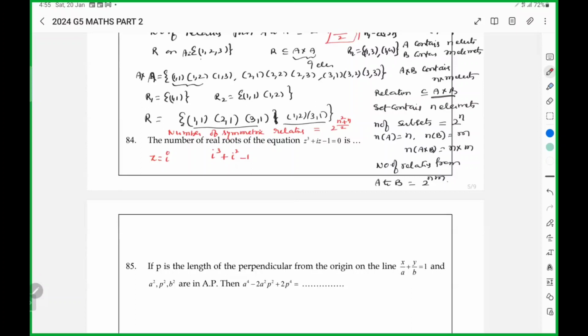One becomes a real root, the other is imaginary. Simple logic.